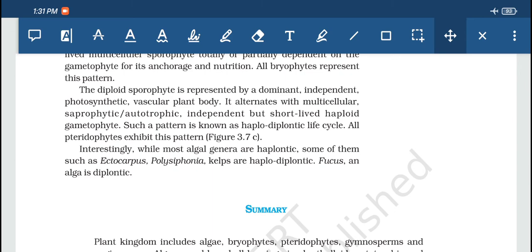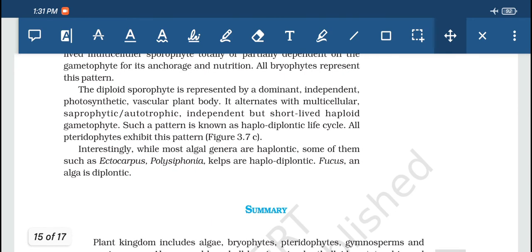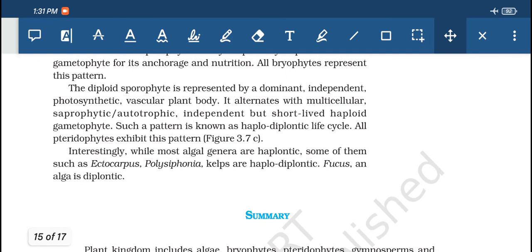Next, reading about pteridophytes, the diploid sporophyte is represented by a dominant, independent, photosynthetic, vascular plant. So pteridophytes are the first land occupying vascular plants. You should remember this point.